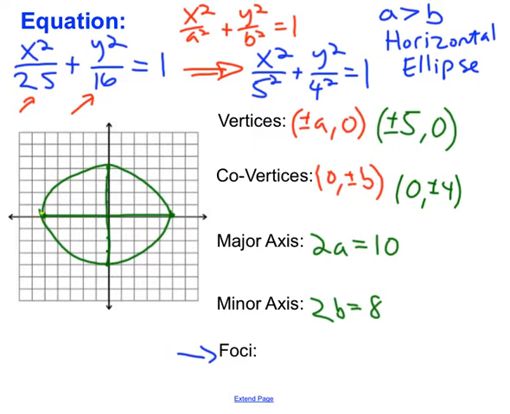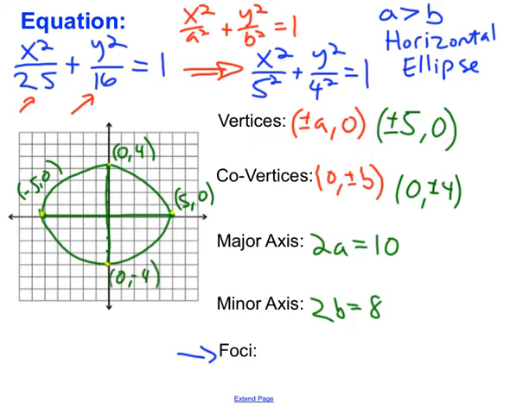Our vertices are along the major axis, and then our co-vertices along the minor axis at those points. To label those points, this would be negative 5, 0. This would be 5, 0. This would be 0, 4, and 0, negative 4 down at the bottom.